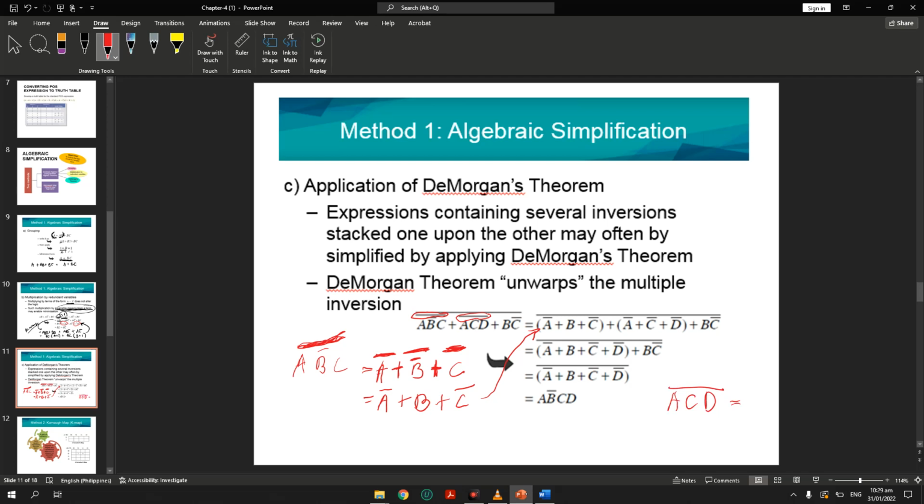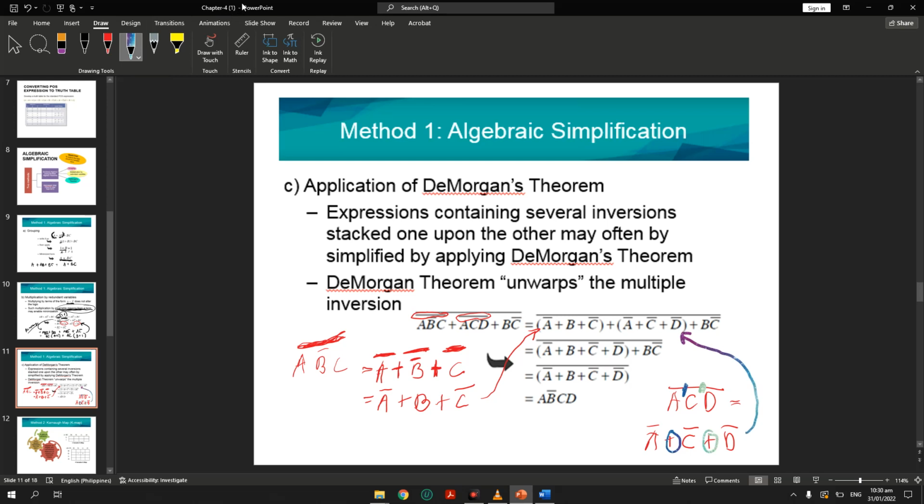So this is equal to A complement plus C complement plus D. You break the bar, we break this bar into three, but we have to change the sign from multiplication to addition. So this term is this term. And then we copy the BC.